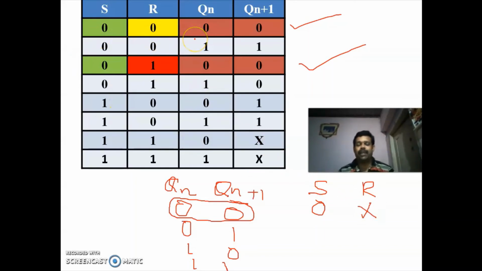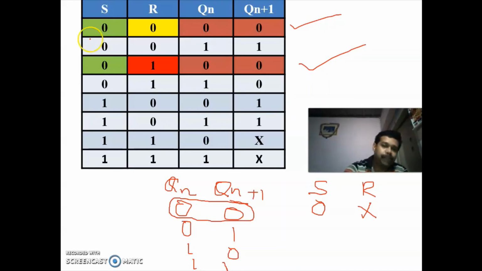So in order to find the excitation table, first you have to write Q of n and Q of n plus 1, and you have to write the 4 combinations of Q of n and n plus 1, that is 0 0, 0 1, 1 0 and 1 1.